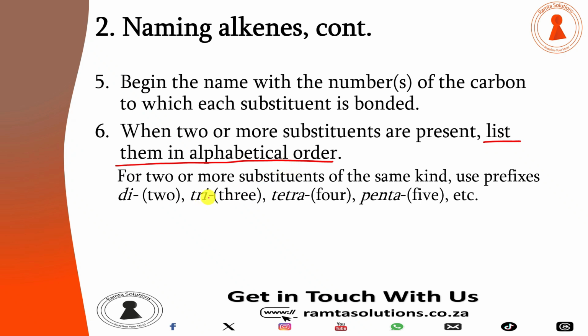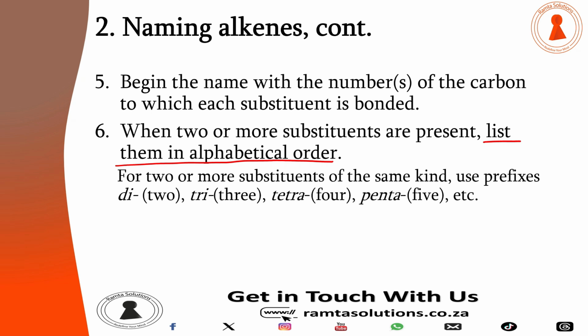And now, if there are 2 or more of the same kind, this is when you use the prefixes di, tri, tetra, penta, and so on. Remember, if you have substituents of the same kind, you use di, tri, tetra, penta. And if you have different substituents, you list them alphabetically.